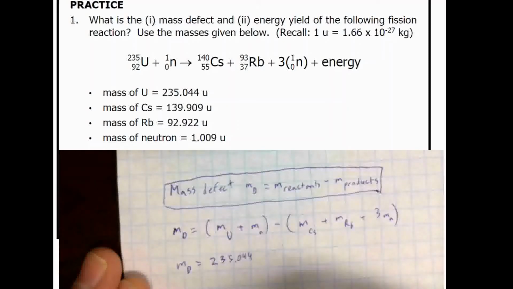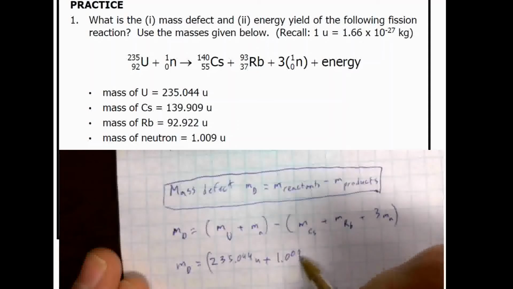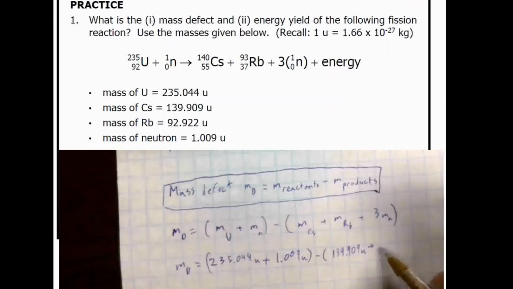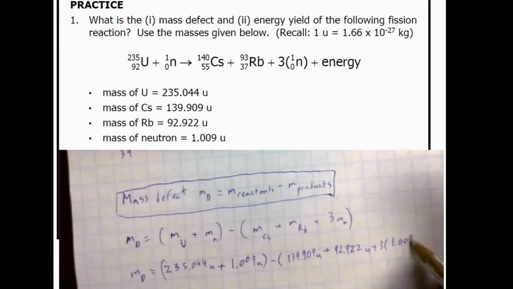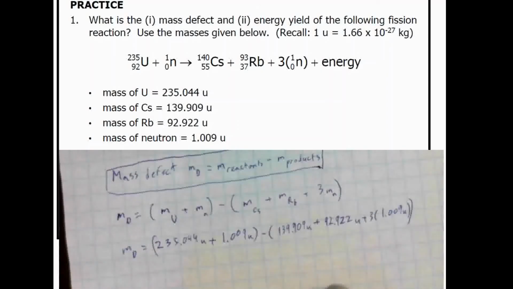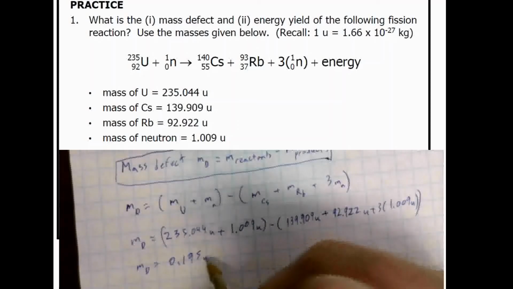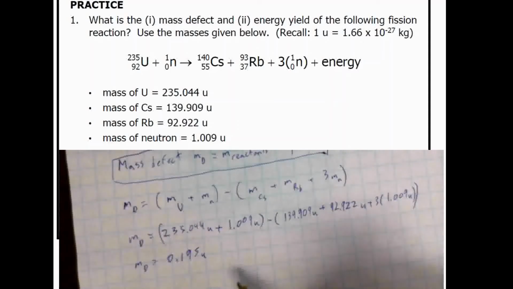So 235.044 U plus 1.009 U minus 139.909 U plus 92.922 U plus 3 times 1.009 U. So I end up with a mass defect of 0.195 U.